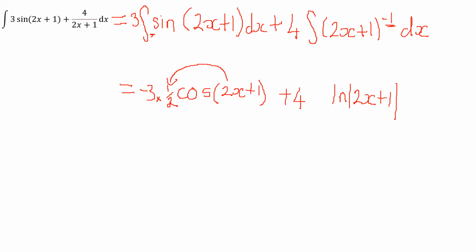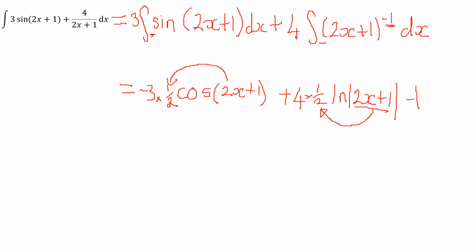Now, in the same way as previously, if we were to differentiate this, we would differentiate the log to get the bracket to the power of minus 1, but you'd have to differentiate what's inside the bracket here. So if you differentiated that, then what would go here is a 2. We do not want a 2, so we write a half, and we have to do 4 times a half.